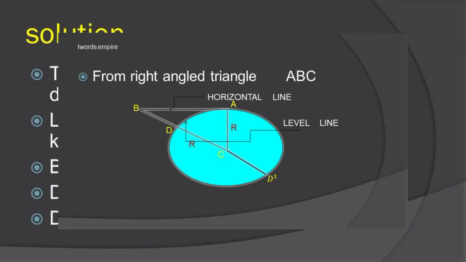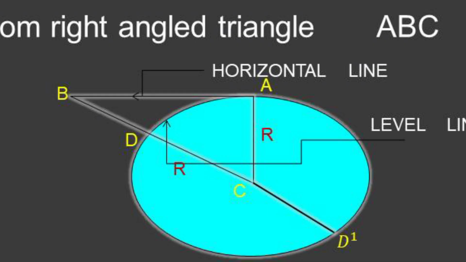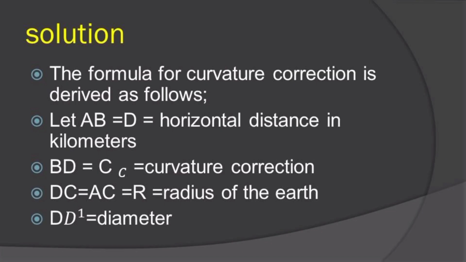measured distance. So that is the horizontal distance in kilometers, because earth is big. So D is equals to the horizontal distance in kilometers. And then on our diagram, we can observe B to D, that is equals to the curvature correction, that is CC, curvature correction.